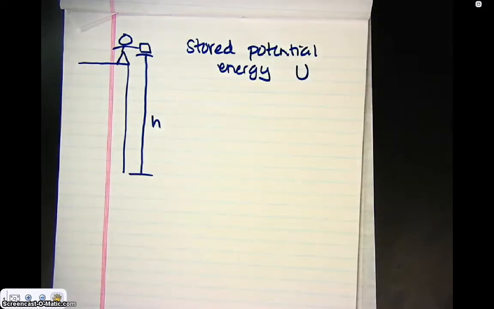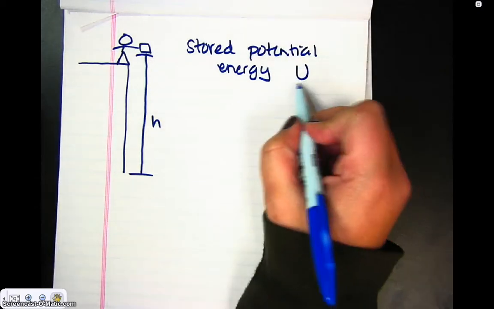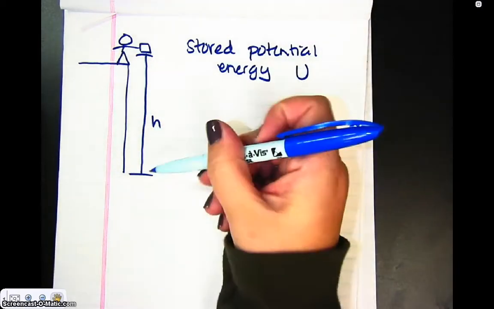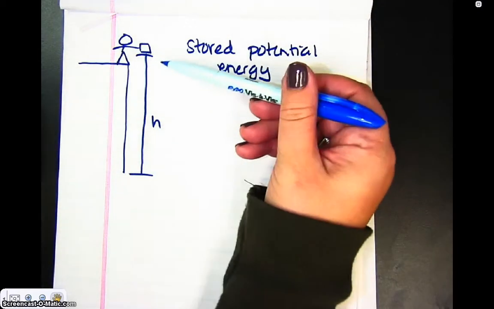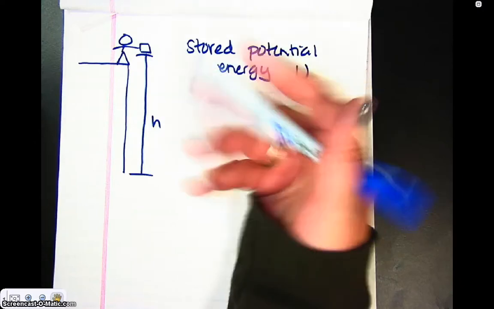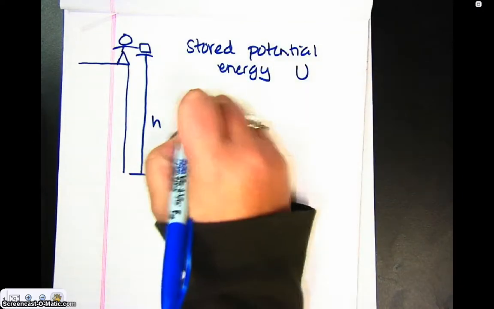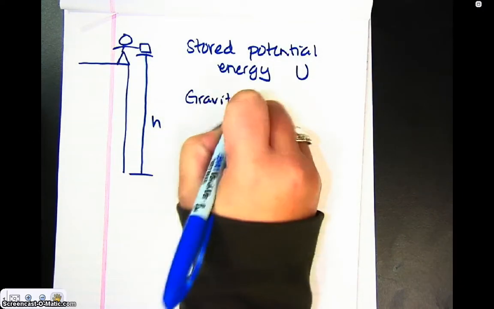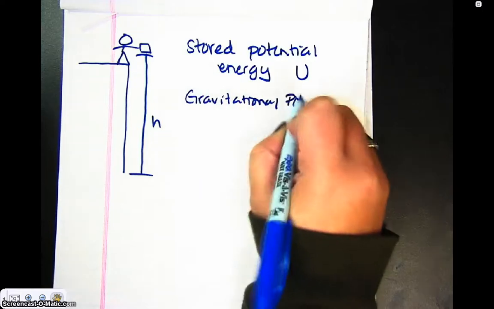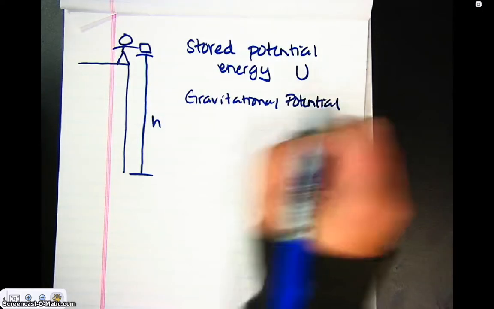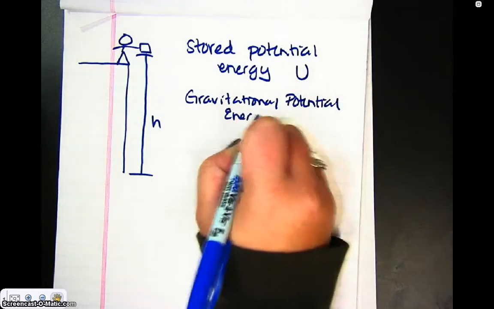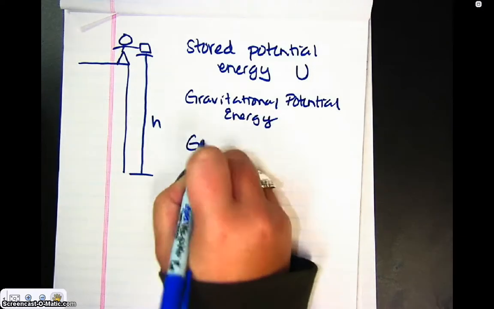But we also do have some specific types of stored potential energy, and so sometimes we use a different variable. This is generic, but in this case, we're talking about stored energy that's a result of lifting something up above the ground. So we call this gravitational potential energy, and I usually write it with a GPE.